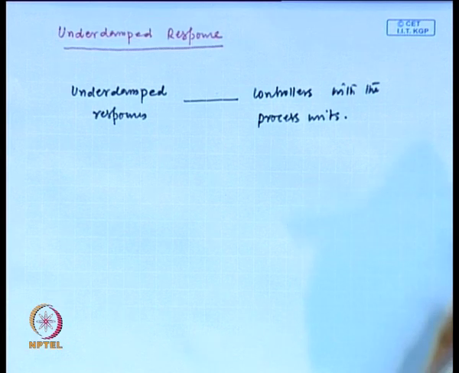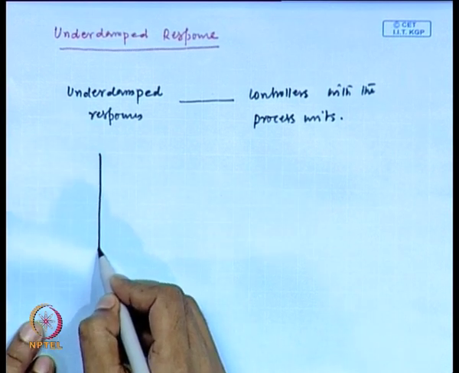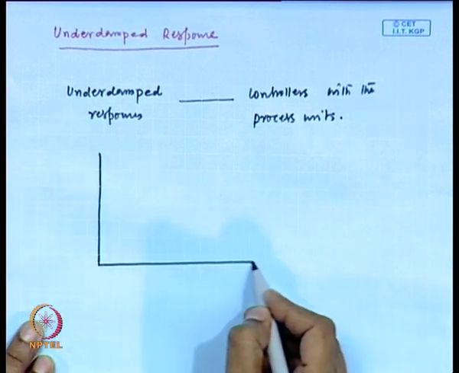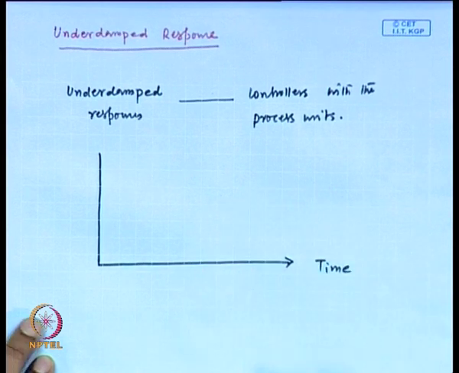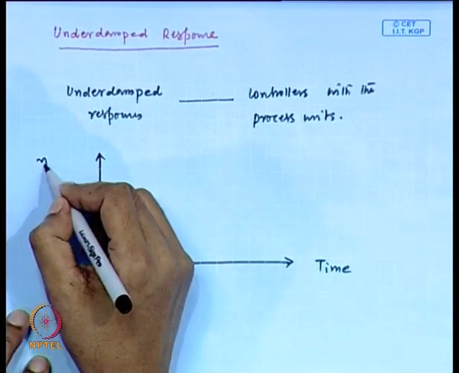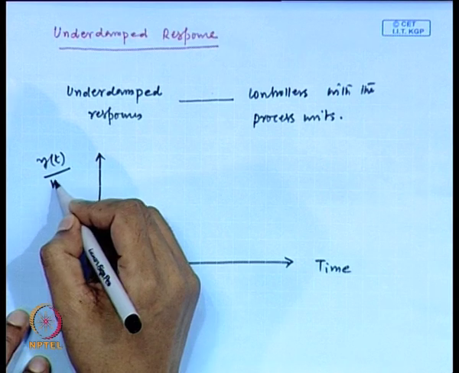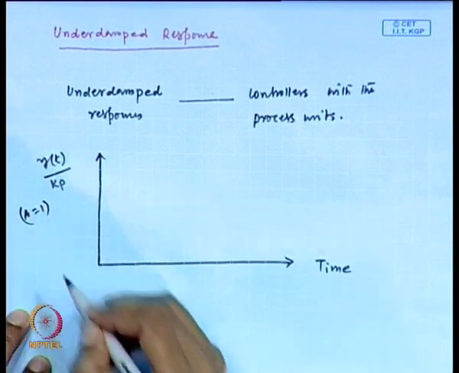Fine. Now, we will draw the response. Suppose this is time t, this is y(t) by K p. We are considering here A equals 1.